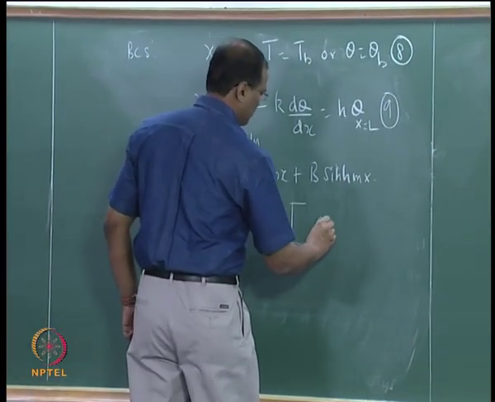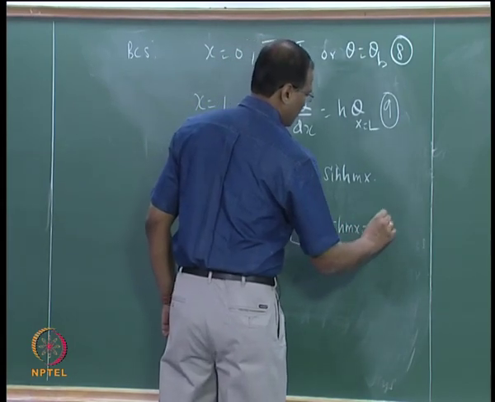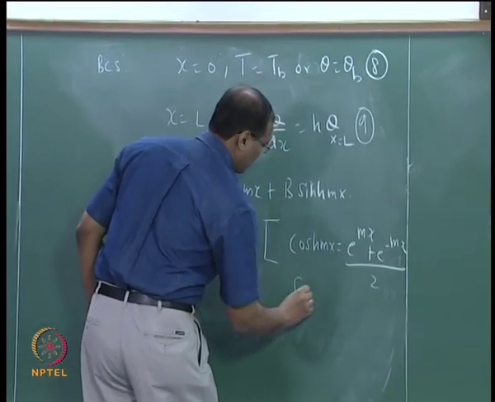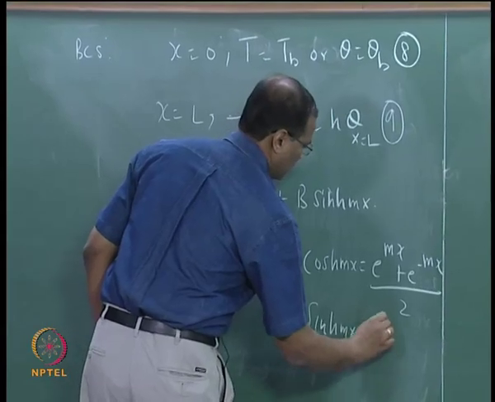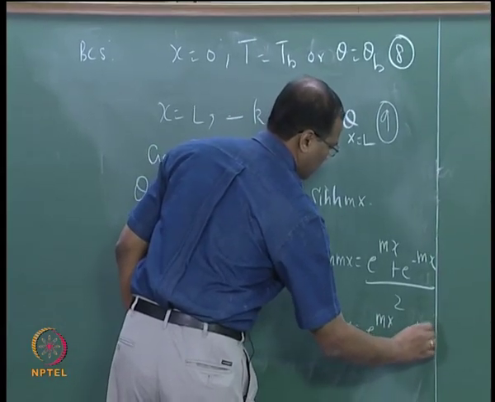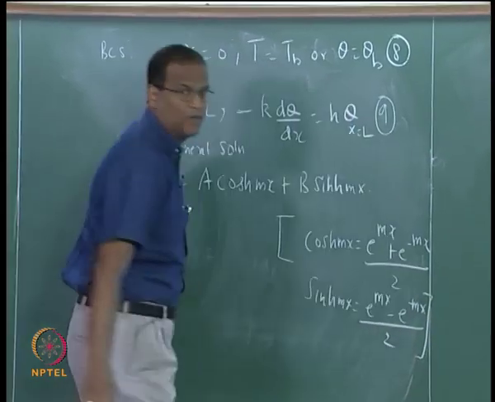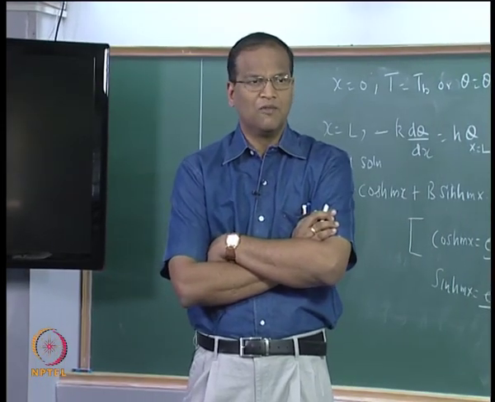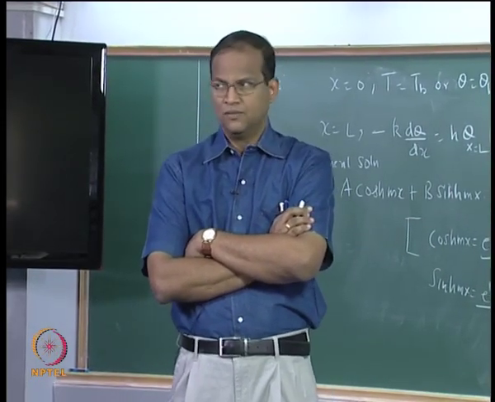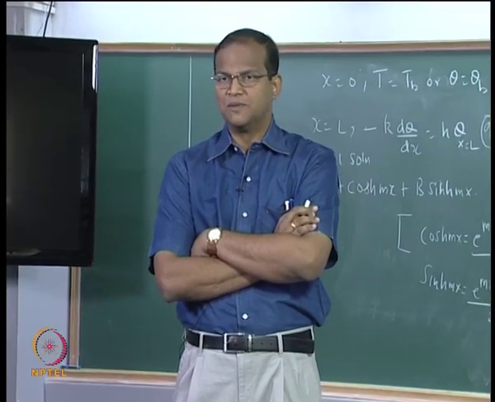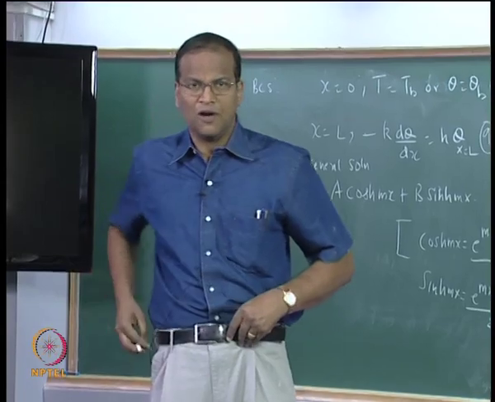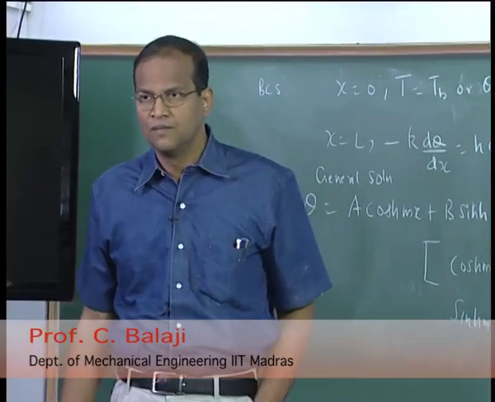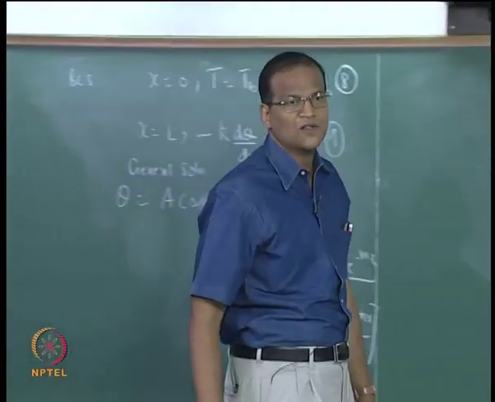So where, you can write the solution as a e to the power of mx plus b e to the power of minus mx, but for strategic reasons I want to keep the cos h. You can start the solution with a e to the power of mx plus b e to the power of minus mx and then you can work out, but the algebra is more involved for this boundary condition.